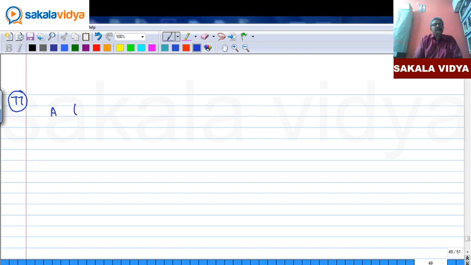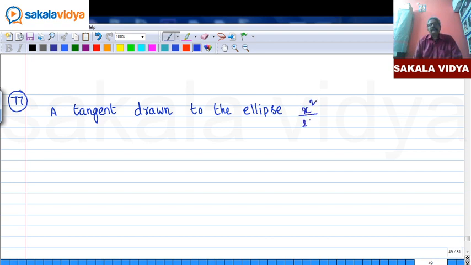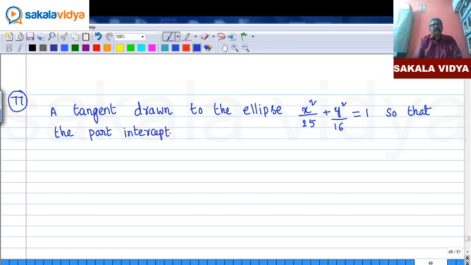A tangent drawn to the ellipse x square by 25 plus y square by 16 equals 1, so that the part intercepted by the axis is minimum.